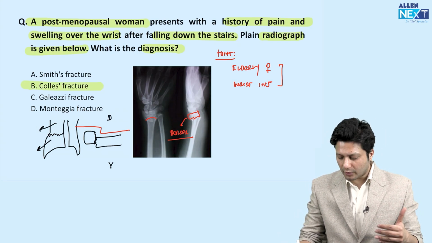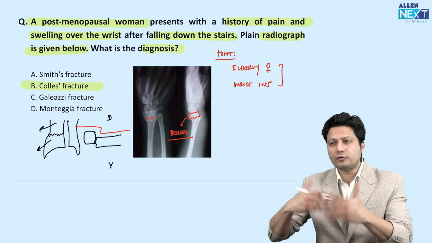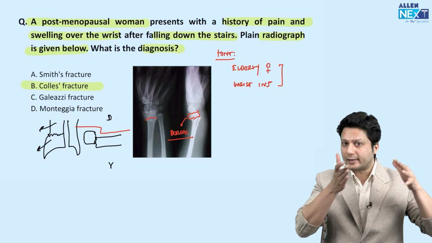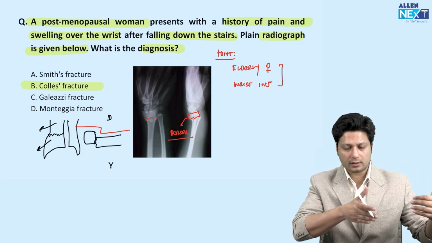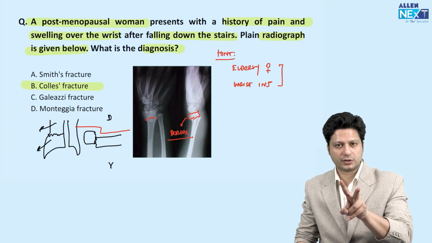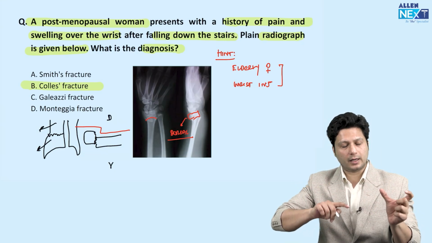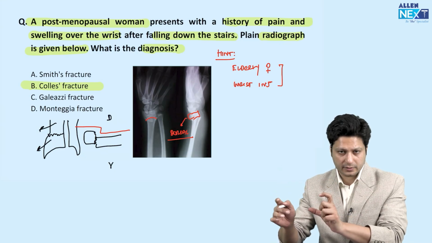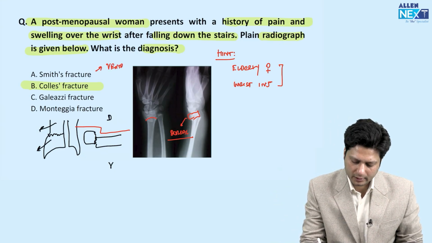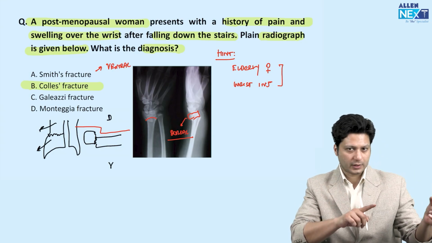Now, if you consider the other options, a Smith fracture is also a fracture of the distal end of the radius, which is also extra-articular. That means cortico-cancellous junction involvement. But the only difference between Colles and Smith fracture is that in a Smith fracture, there will be a ventral displacement, while in Colles fracture, there is a dorsal displacement.